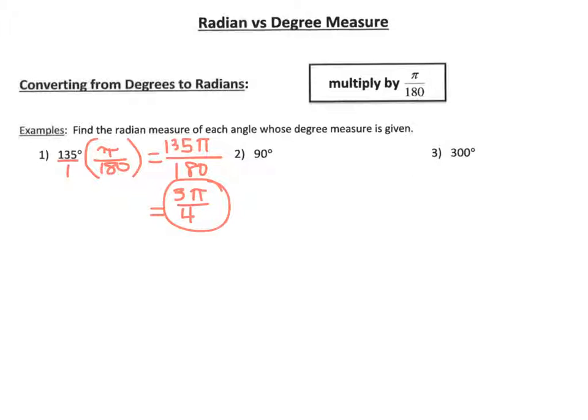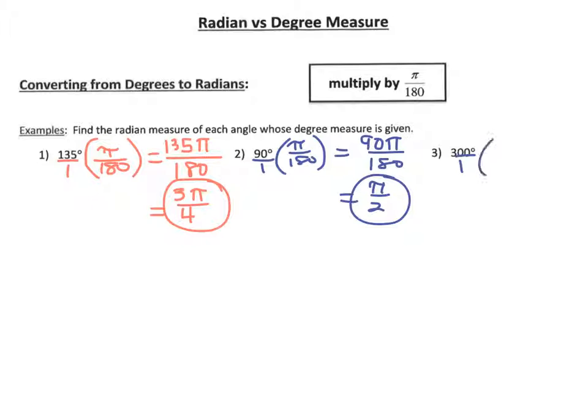Number 2, we're going to do the same thing. You would multiply by pi over 180, and I'll put this 90 over 1, and when we multiply across, 90 times pi is 90 pi, and 1 times 180 is 180. So we have 90 pi over 180, and since 90 over 180 simplifies to 1/2, it leaves us with 1 pi over 2, which we just write as pi over 2.